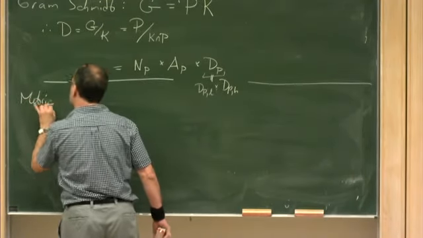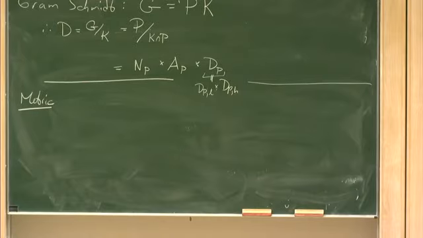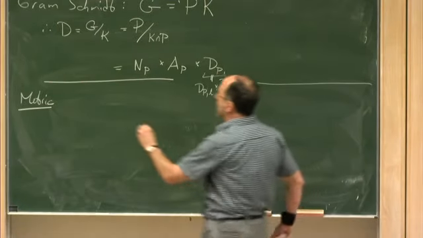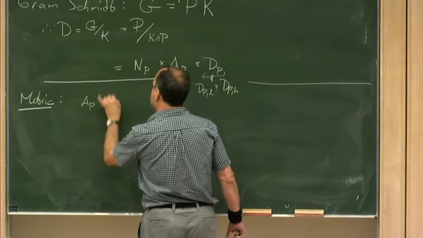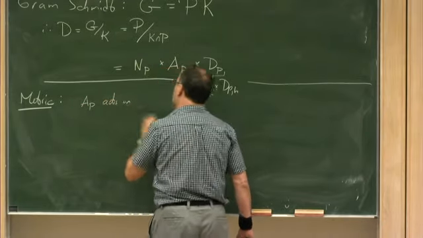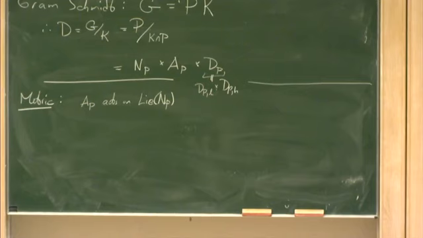These are great coordinates to be able to describe the metric, and the metric looks like the following. First, I have to point out that the subgroup AP acts on the Lie algebra of NP. I should have pointed out this is a semi-direct product with NP being the normal subgroup.